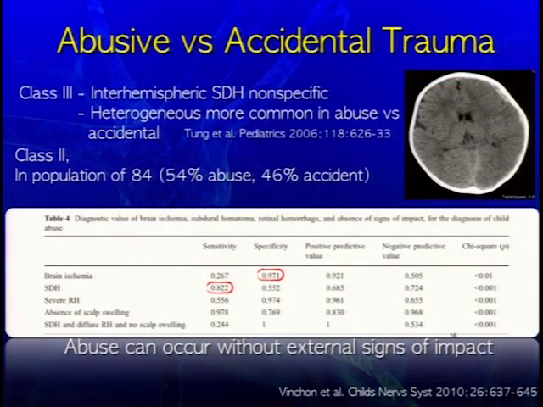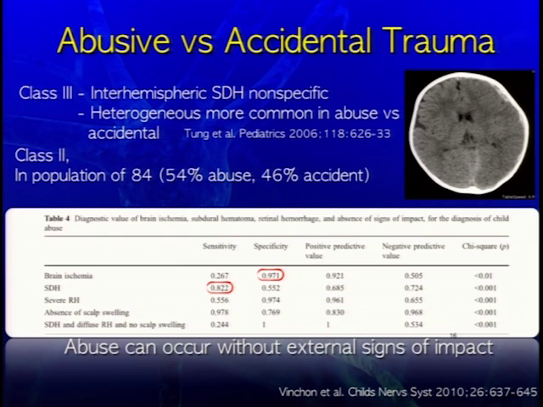So, abusive versus accidental trauma: the interhemispheric subdural hematoma is nonspecific, although we do see it; it's not 100% specific for abusive head injury. If it's heterogeneous, as Gary mentioned, it's more common in abuse versus accidental trauma. So here we've got, again, that heterogeneous subdural hematoma. In the population of 84 subjects prospectively studied, they looked at cases of abuse and accidental injury. 54% were abuse and slightly less were accidental injury.